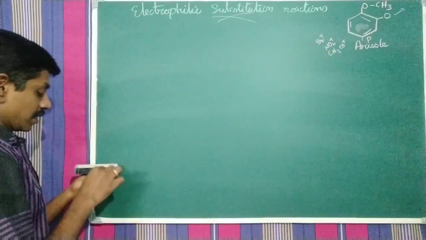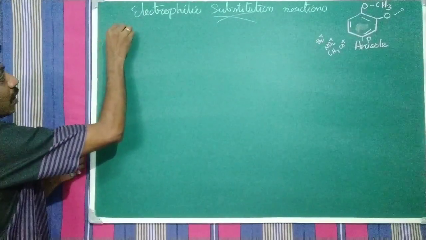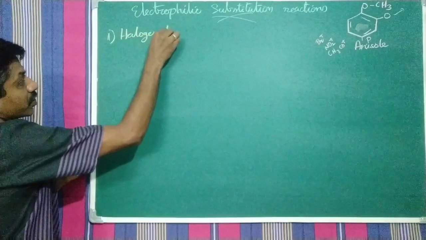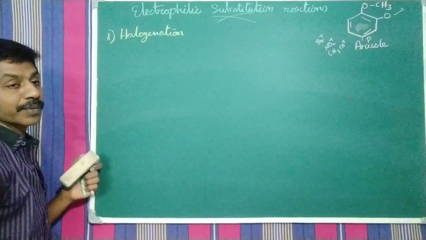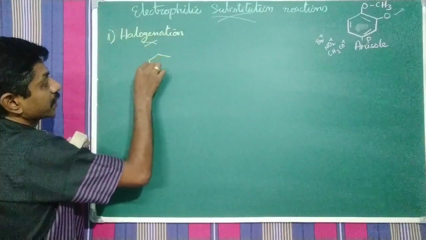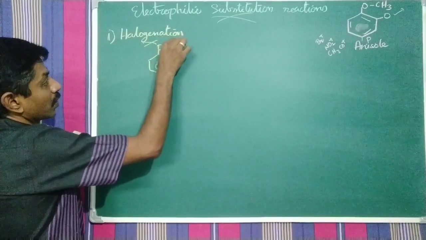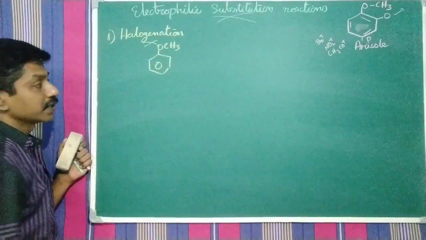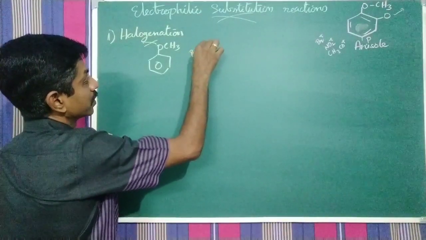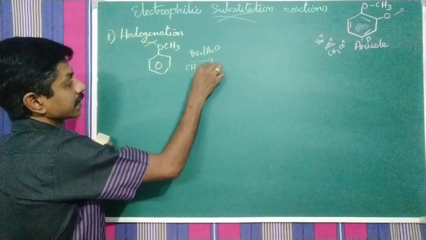Suppose let us take the example of bromination, that is halogenation. Halogenation can be addition of halogens like chlorine, bromine, iodine and all. In this case, if you take methoxybenzene, that is anisole, and you are treating with bromine water in the presence of ethanoic acid or acetic acid.